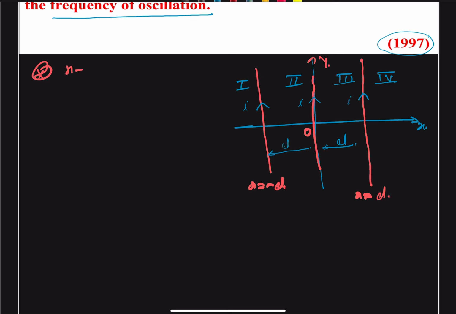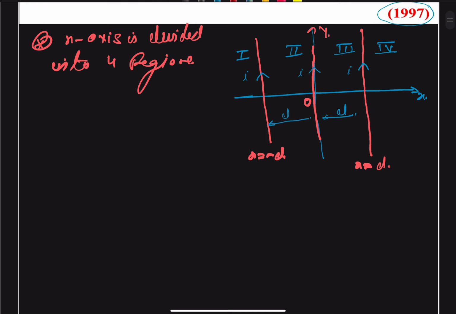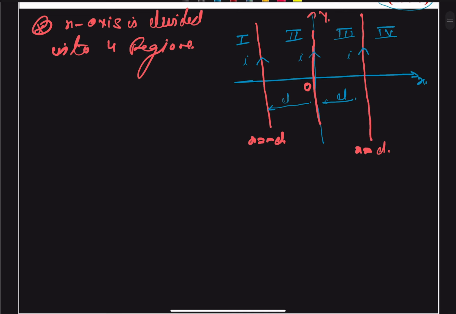The x-axis is divided into 4 regions, and we have our region 1, which is for x less than minus d.